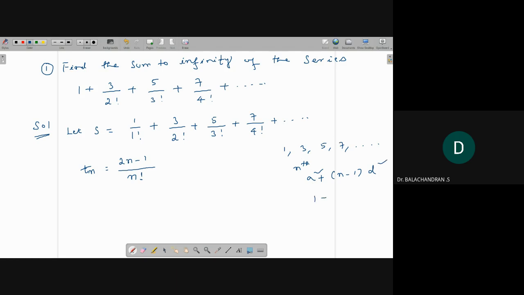First term is 1, plus n minus 1 into d. Common difference is 2, so 1 plus 2n minus 2, so 2n minus 1. So you know the formula, but you don't know where we need to use this formula. So that is the problem.